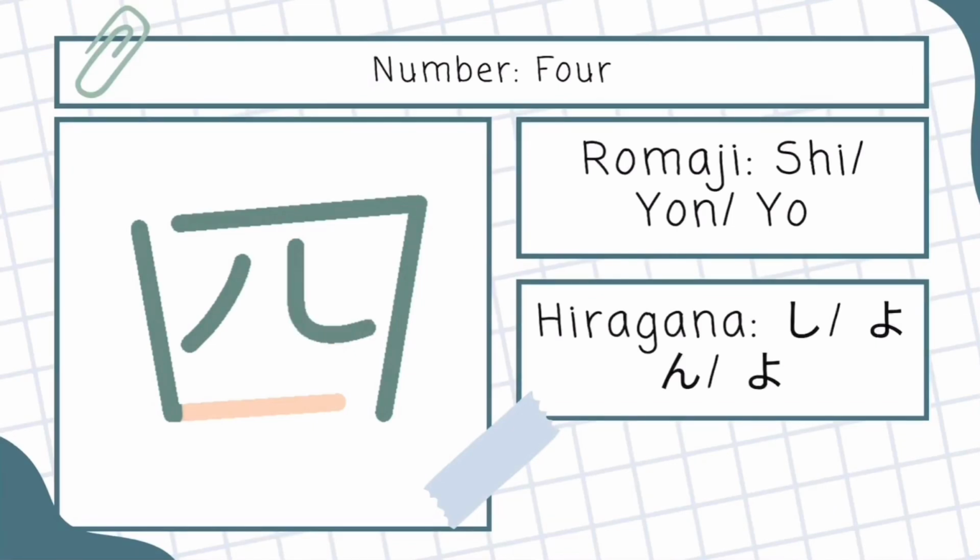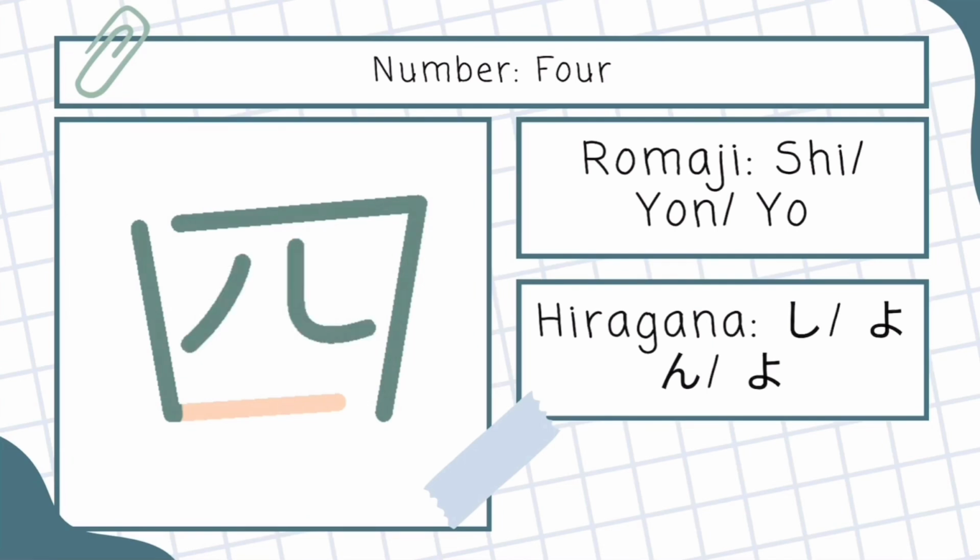Four, so this character can be shi, yon, even sometimes yo. You're going to see that occasionally. I think this appears when it's a mouthful to say yon. So for example, 4 o'clock is yoji rather than yonji. All I can think is it's easier to say yoji. I could definitely look up the real reason why.